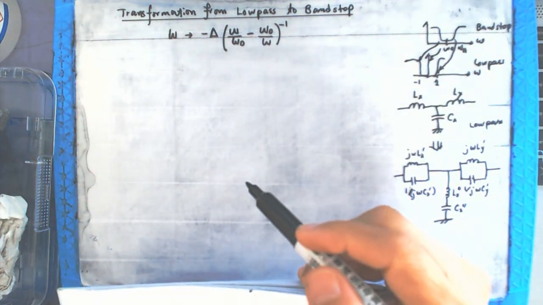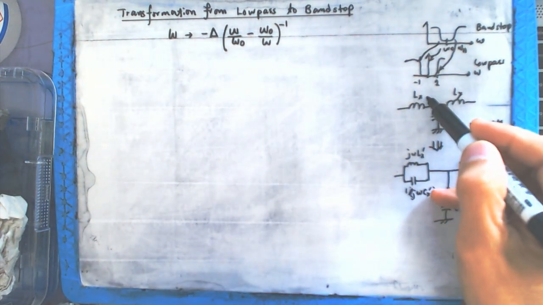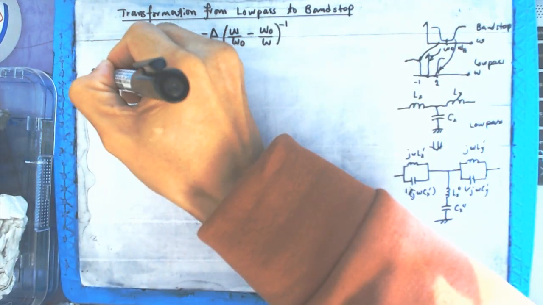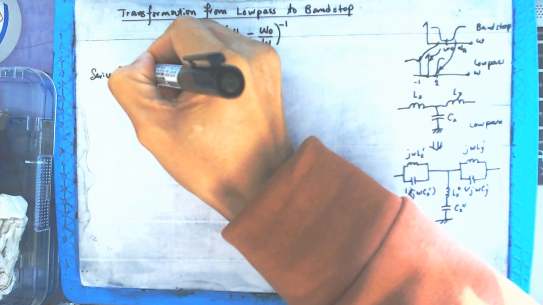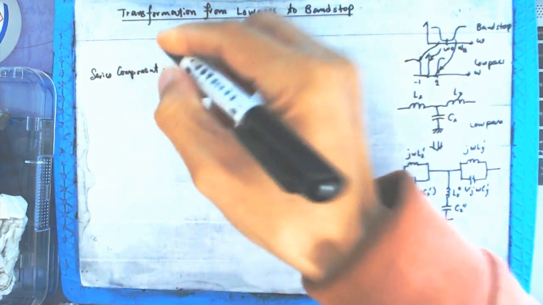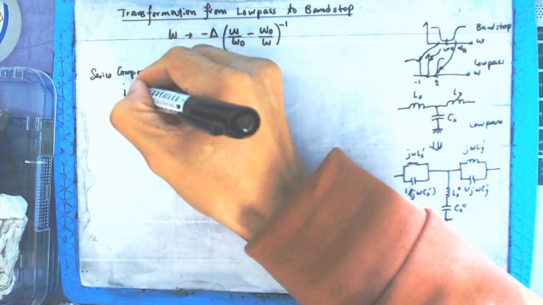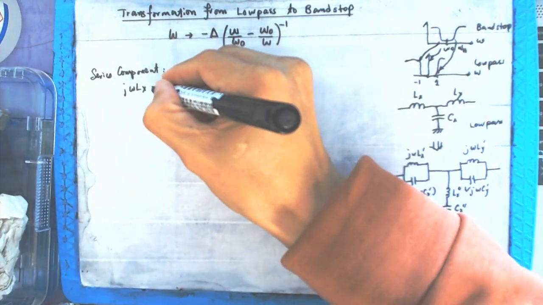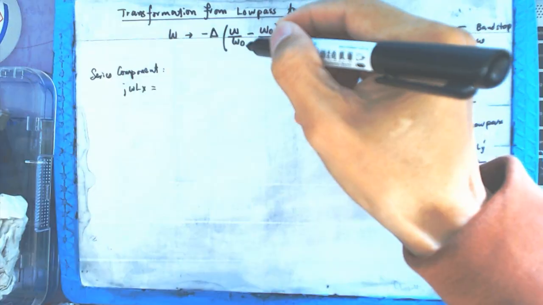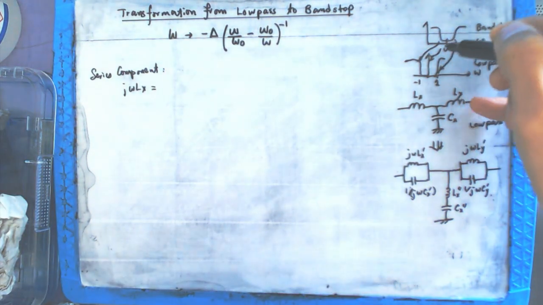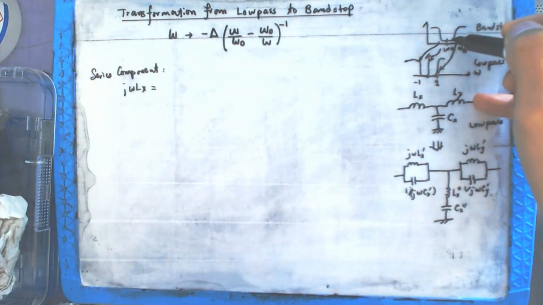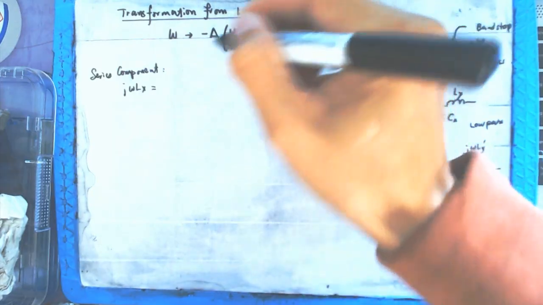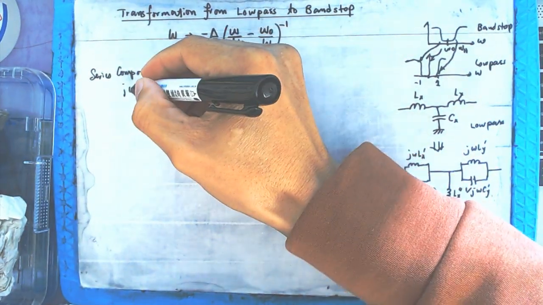Now look at the series inductance. You have j omega Lx here. And if you use the mapping technique to downscale the frequency, from omega to this one, you will need to replace every omega with this chunk of expression.